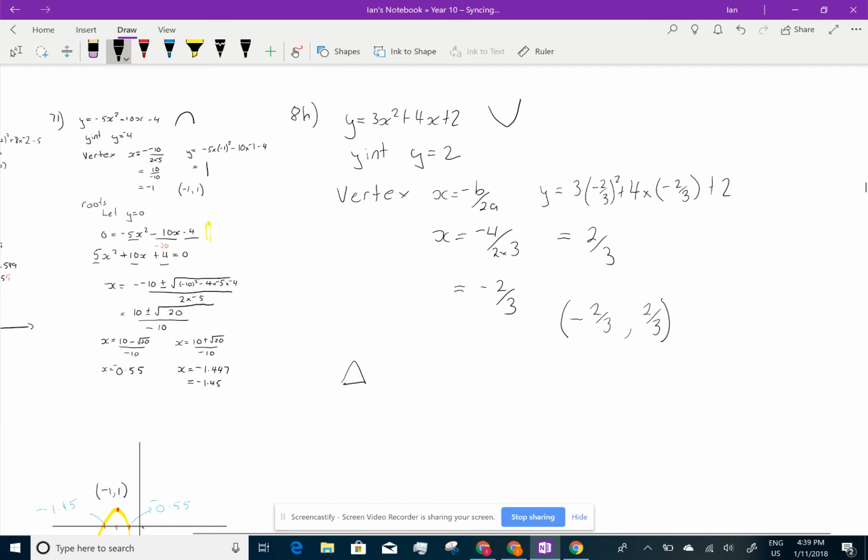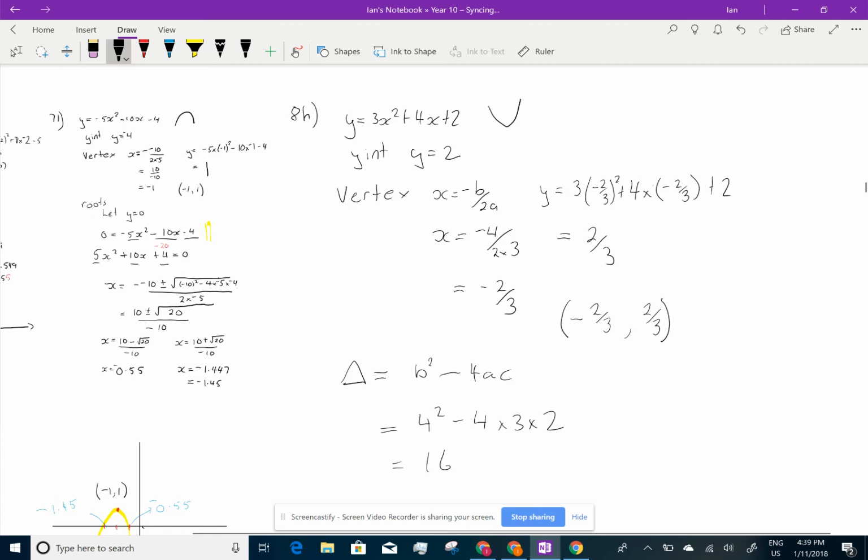Let's see what the discriminant is. Now remember, if the discriminant is less than 0, it doesn't have roots. It's b squared minus 4ac. So 4 squared minus 4 times 3 times 2.